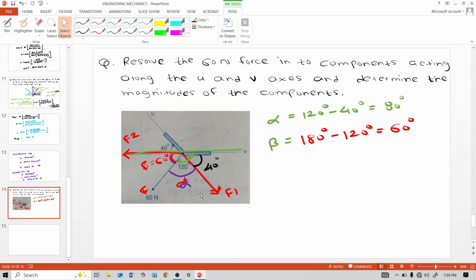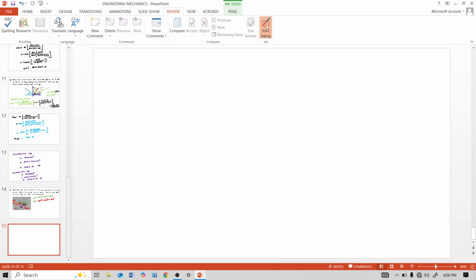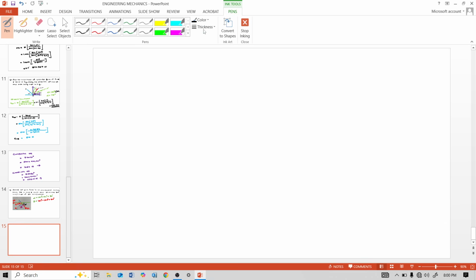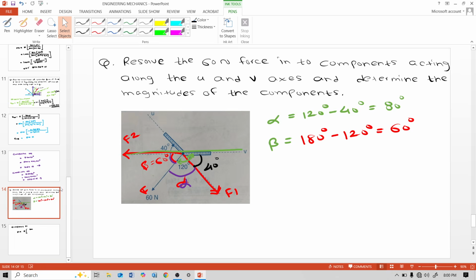Component along the u axis, that means the oblique component F1. So how to solve this oblique component: F1 is equal to F, and this is the sine formula.